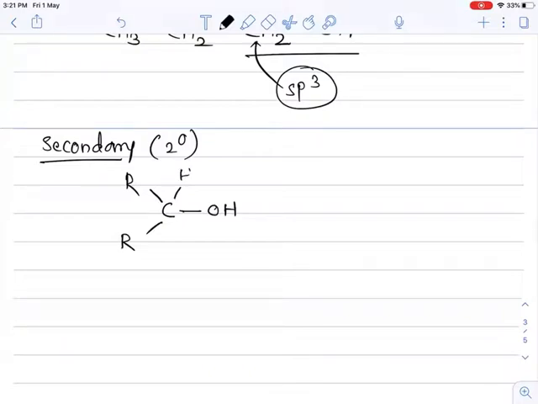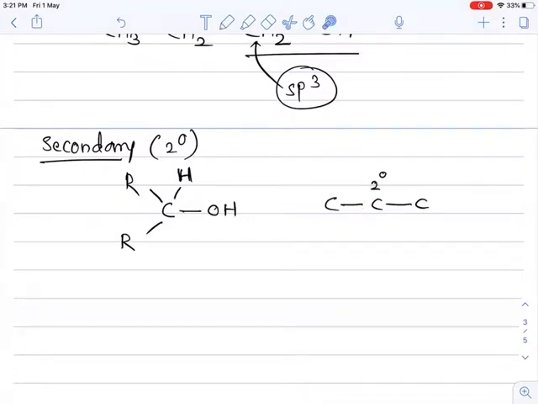So this is the general structural formula for the secondary alcohol. If we take a carbon skeleton for a secondary carbon atom, to show the secondary alcohol, we require a minimum of 3 carbon atoms. Then we'll get 1 secondary carbon atom.